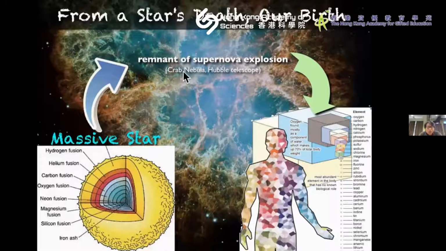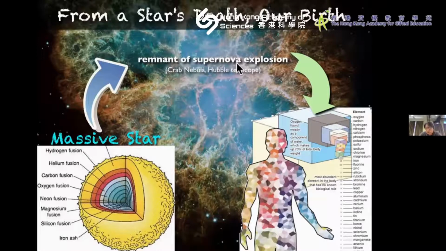You probably heard of a supernova. Right? Supernovae are actually the death of massive stars. And after this explosion, the heavier elements from the interior of a massive star are going to be redistributed into the medium of the galaxies, or interstellar medium.